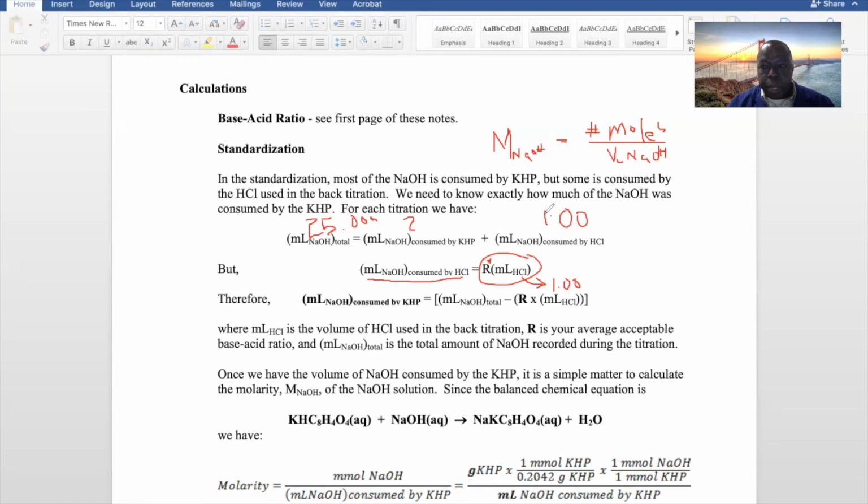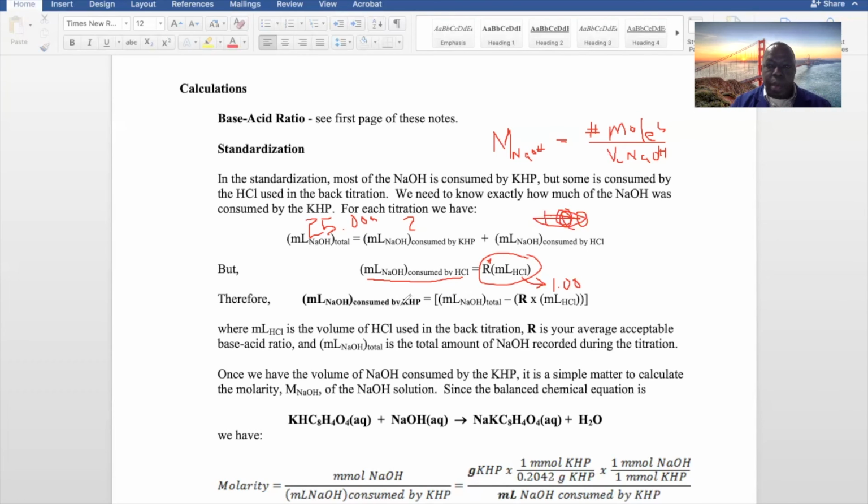Don't use 1 ml here, this is just going to confuse you. Use the R value times ml used for back titration. This is the R value from when you were determining the base acid ratio.